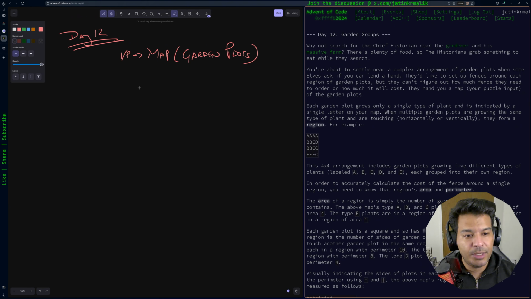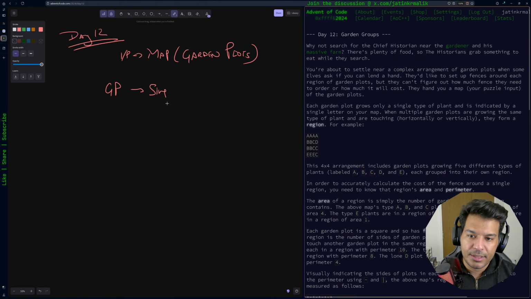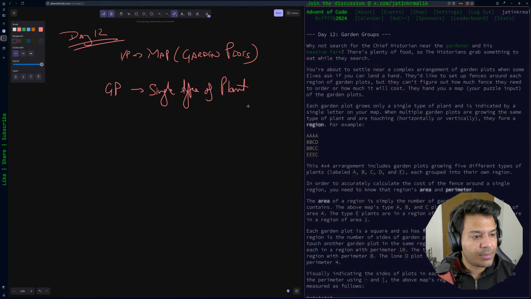Okay, let's read on. Each garden plot grows only a single type of plant. So we will call a garden plot a GP, and each of them grows a single type of plant and is indicated by a single letter on your map.